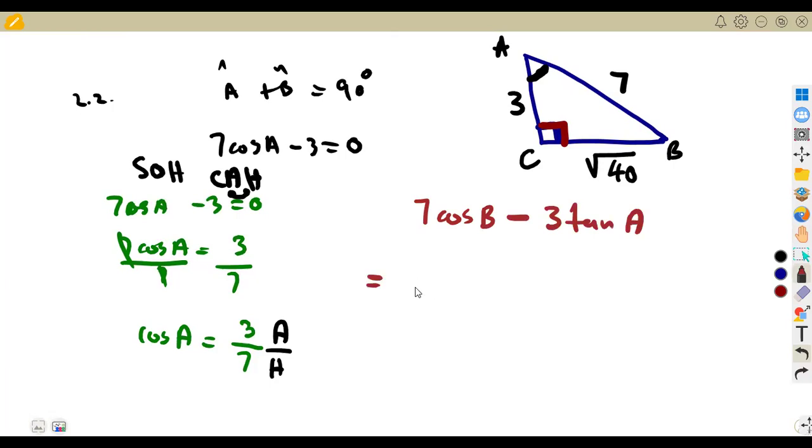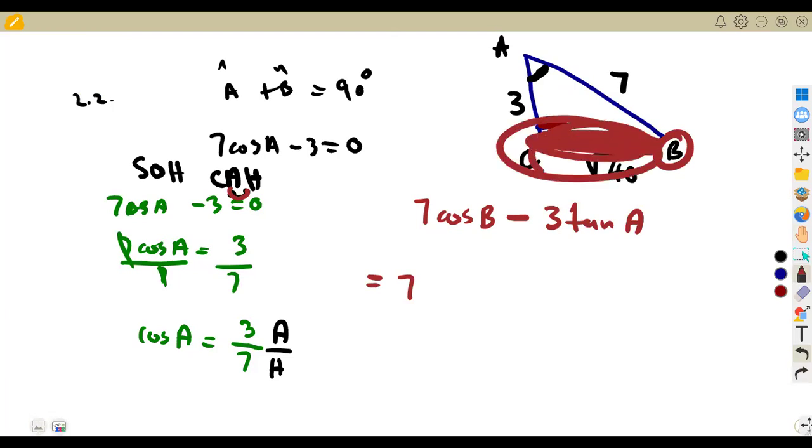So we are simply substituting 7 times what is the cosine of B, because we have our B here and we can even use the ratios because it's a right angle triangle. The ratio, of course, is adjacent over hypotenuse, but according to B now, what is the adjacent? The side that lies together with C, on this one, which is the square root of 40.